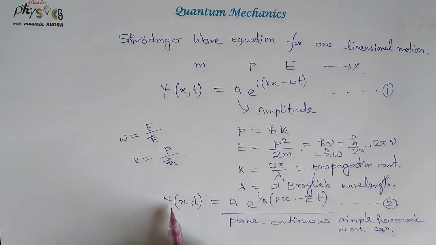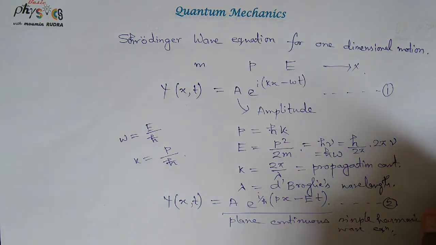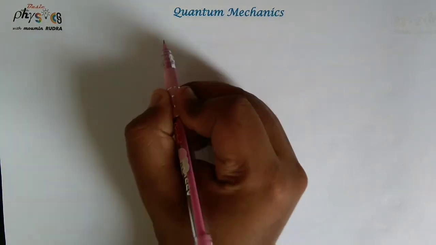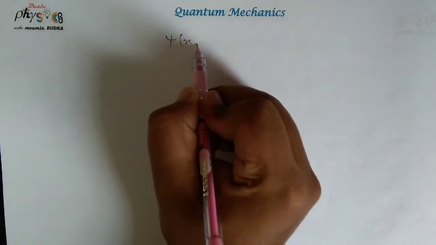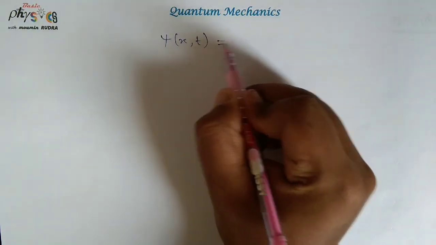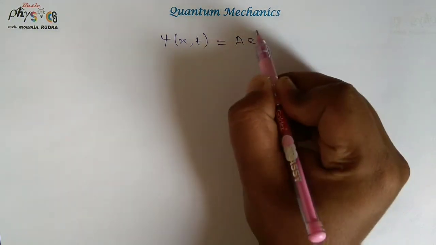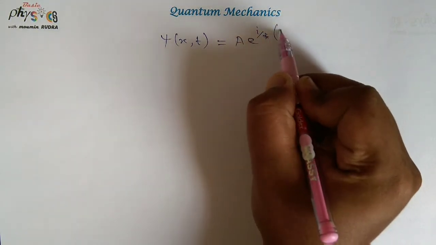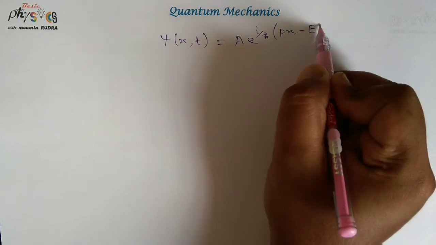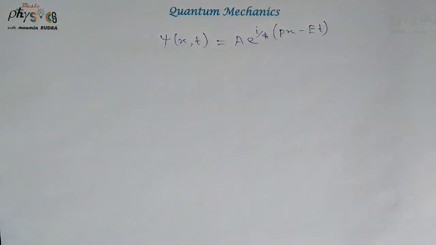Now let us derive from equation number 2, psi of x comma t equal to A e to the power i by h bar into (p x minus E t).